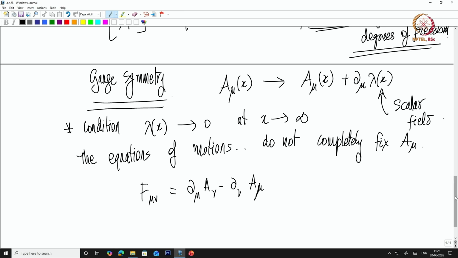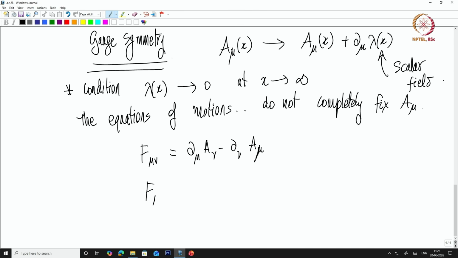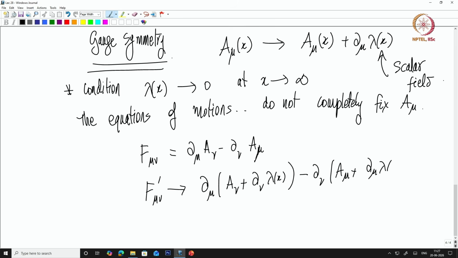Now what happens to F mu nu prime? It goes to del mu A nu plus del mu del nu lambda of x, minus del nu A mu plus del nu del mu lambda of x.